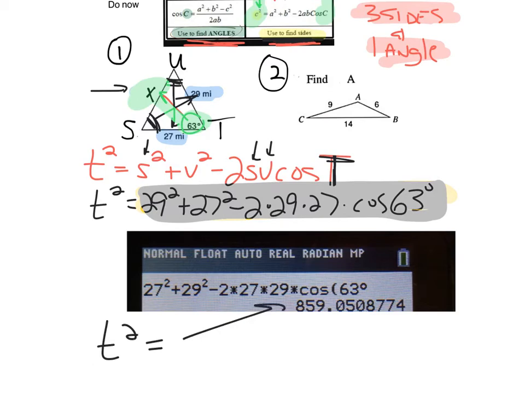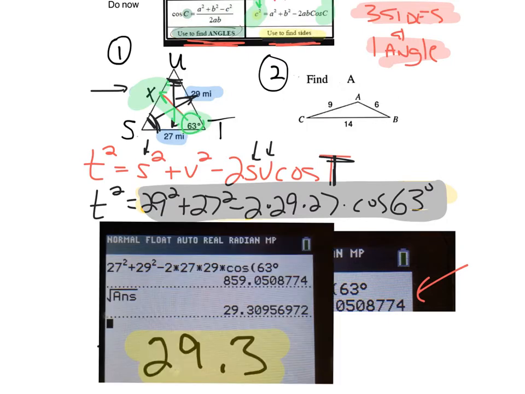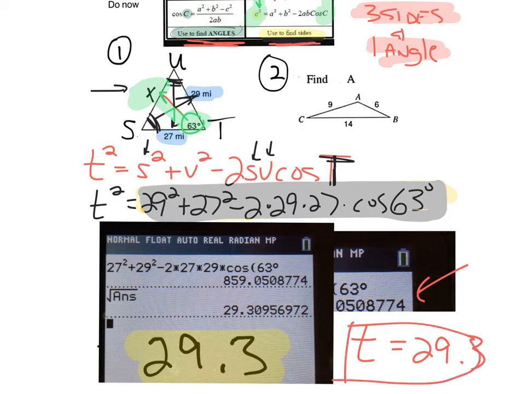So that's what side T squared is. So now we're going to take the square root of this 859 number to solve for T. So here side T is going to be equal to, to the nearest tenth, 29.3. So that's how you use the law of cosines to find a missing side of the triangle. The key, though, is to have three sides and one angle given to you in the problem.